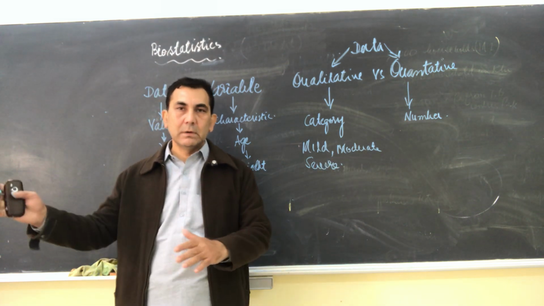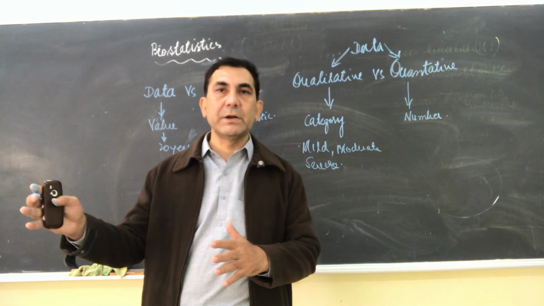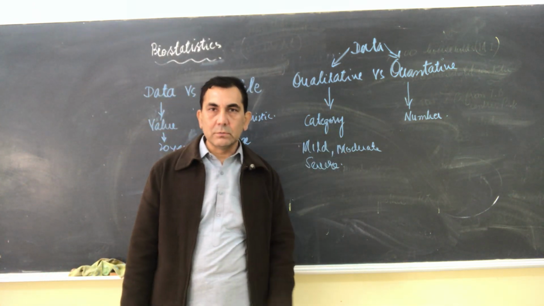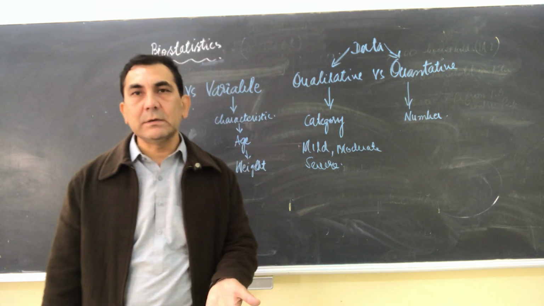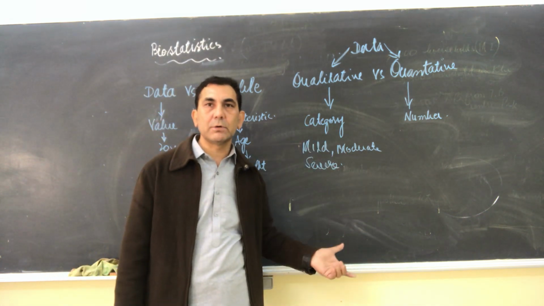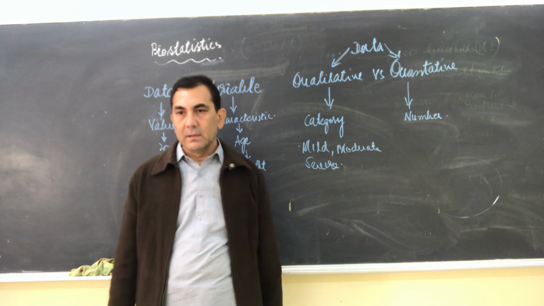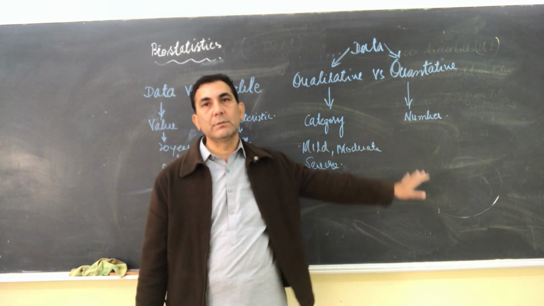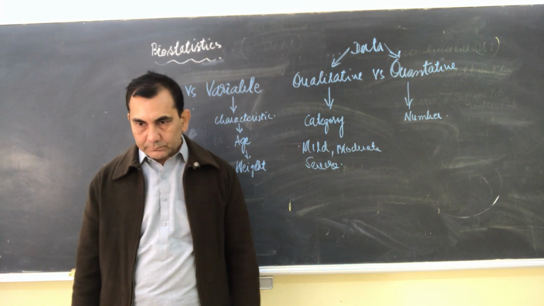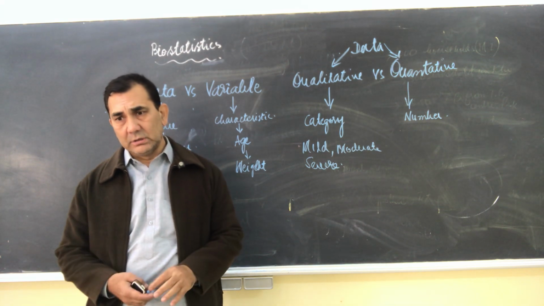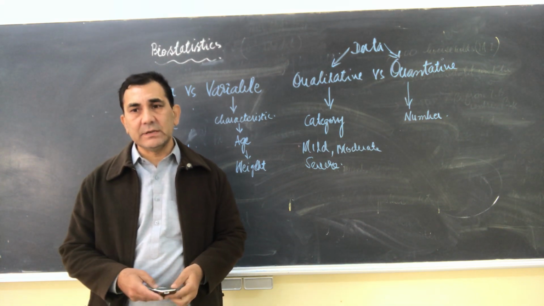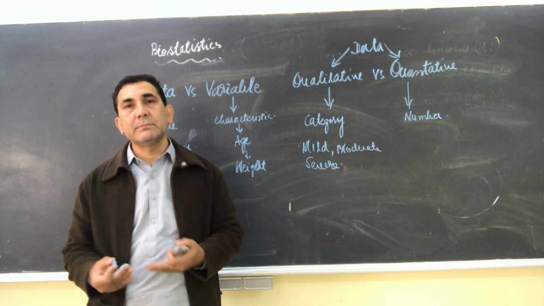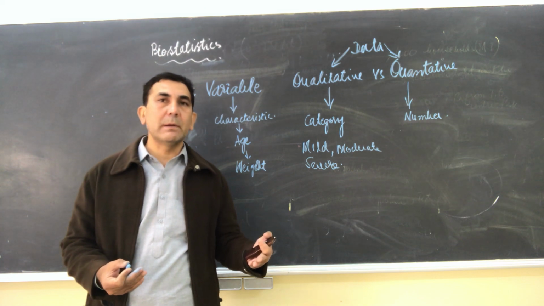Then we will go further and divide qualitative data into two types, nominal and ordinal. But for now, we just want to know what qualitative data and quantitative data are. Then we will go into more detail about the types of qualitative data and also the types of quantitative data. Then the major causes of death in developing countries may be ischemic heart disease, obesity, or hypertension.